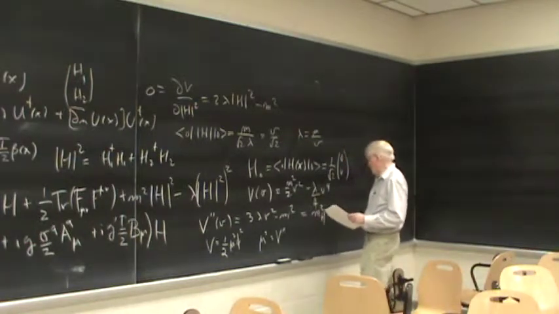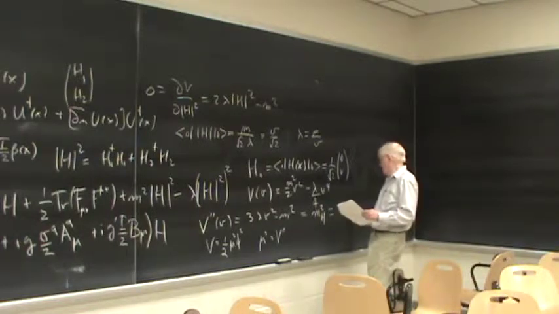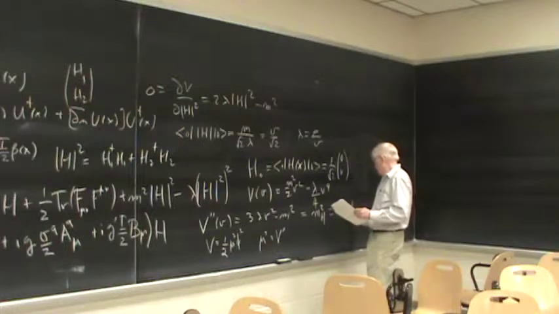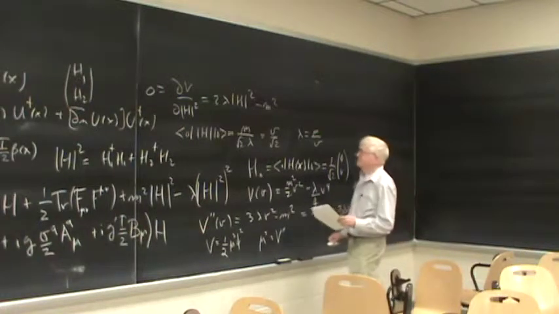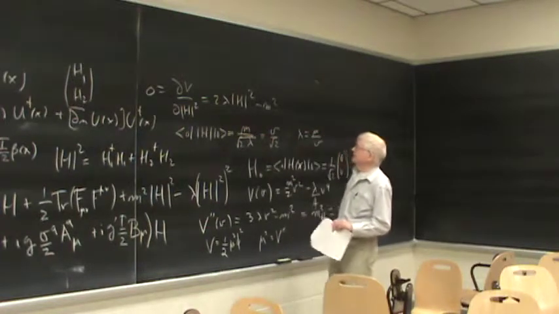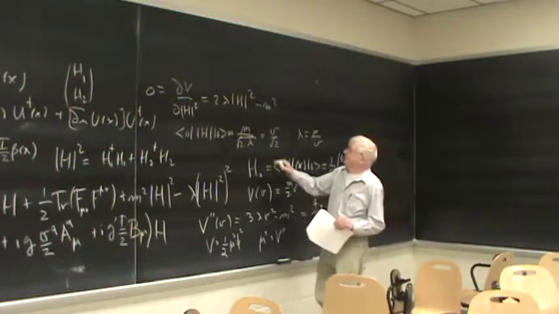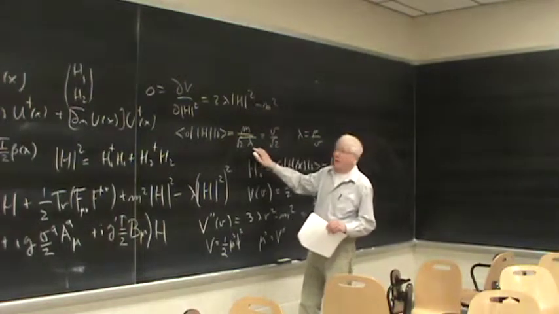So v squared here, we have 3 lambda. V squared then is m squared over, wait a second, I think I got a square root. Yeah, there's a square root. In other words, h is m over square root of 2 lambda.